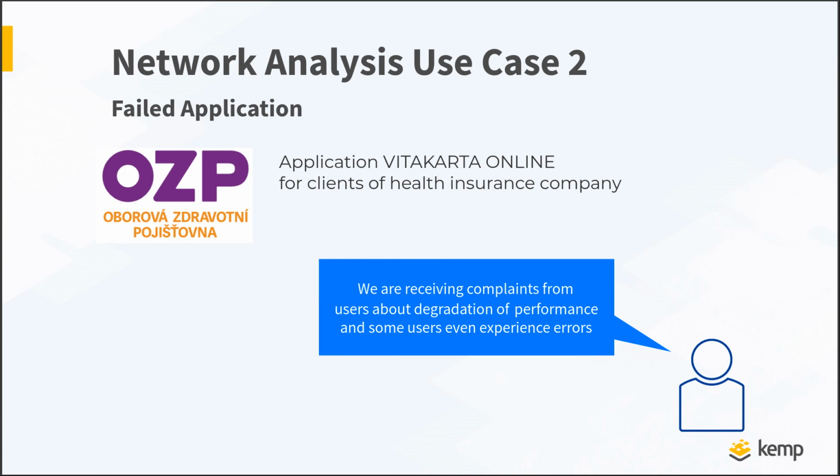And they were receiving complaints for several weeks. I think it took 2 or 3 months, that the app is really too slow to load. It takes forever. There are error codes. Basically, the app doesn't work.